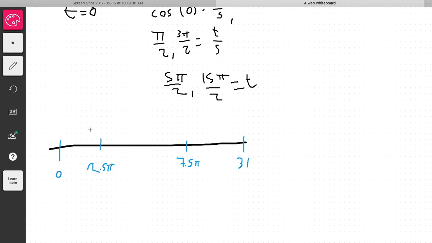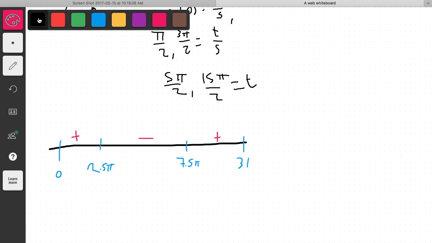From 0 to 2.5 pi, this is positive. From 2.5 pi to 7.5 pi, this is negative. And from 7.5 pi to 31, this is positive.